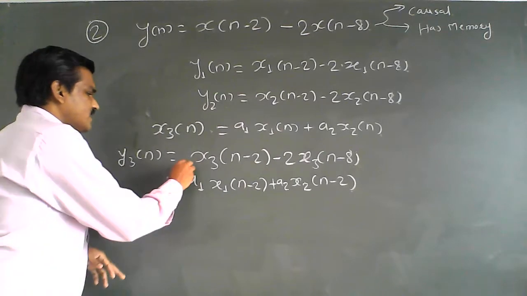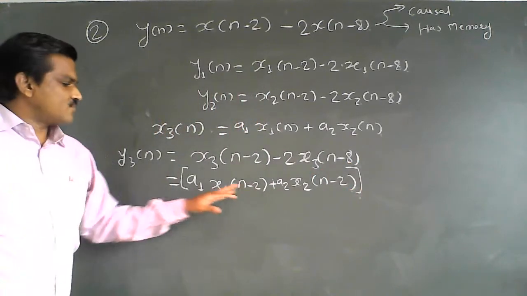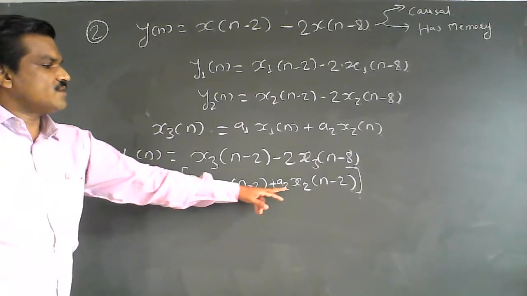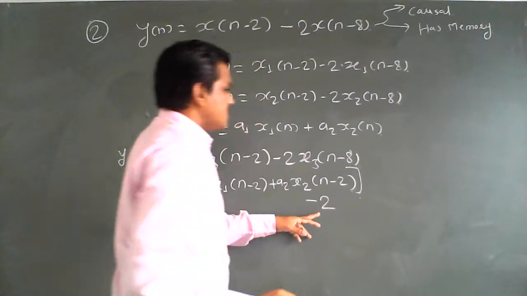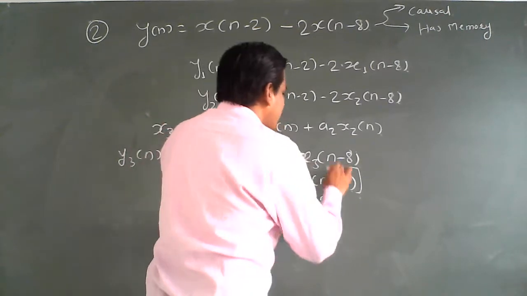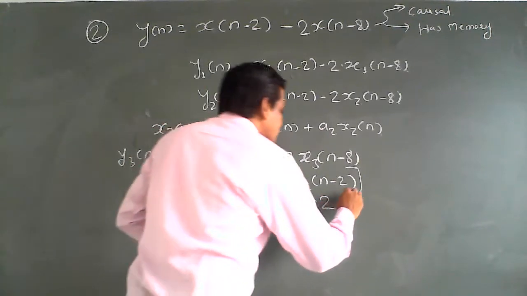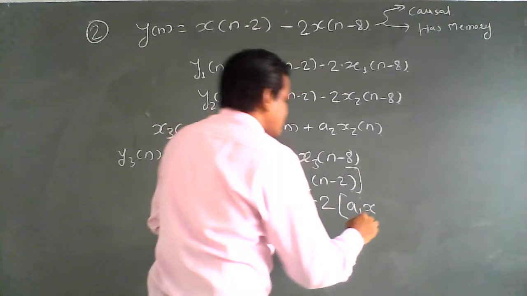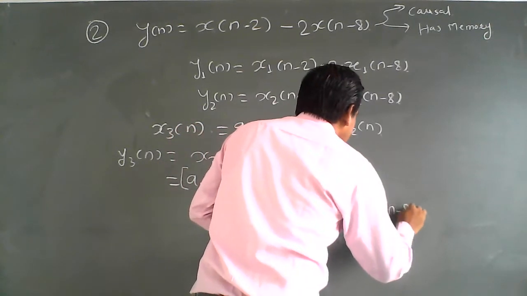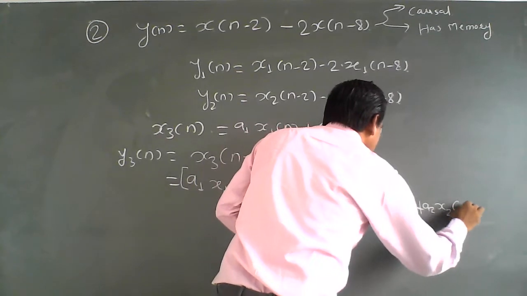We have written x3 of n as the linear combination of x1 and x2, so minus 2 times a1 x1 of n minus 8 plus a2 x2 of n minus 8.